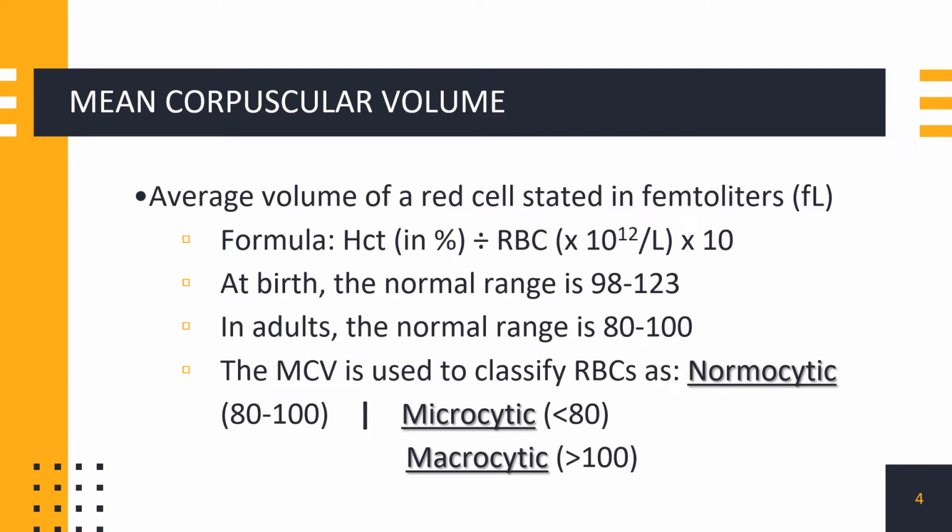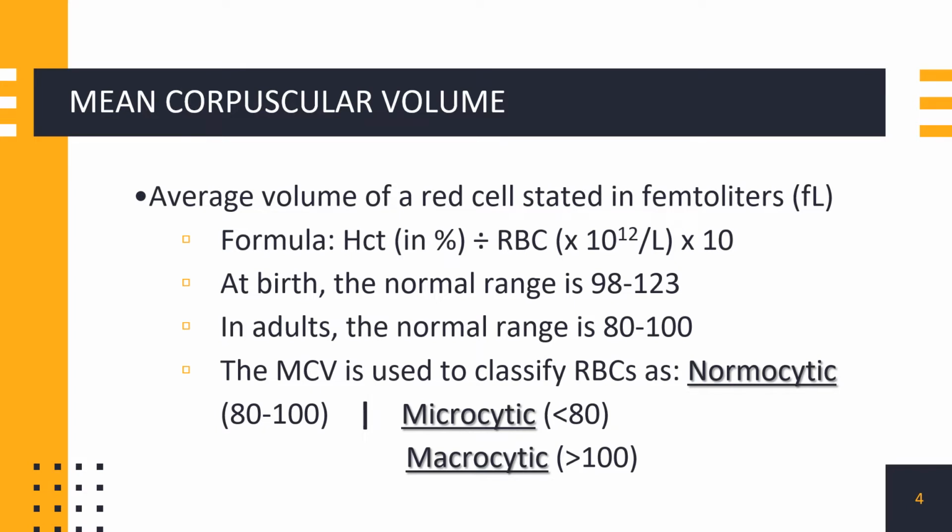It is defined as the average volume of red cells stated in femtoliters, or FL. The formula to arrive at the MCV is this: hematocrit in percent divided by the RBC times 10. Please take note of the scientific unit used for RBC.